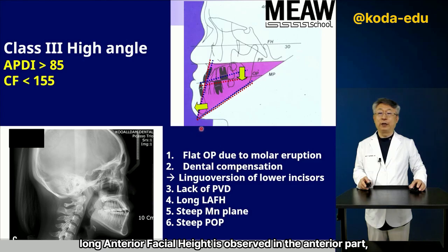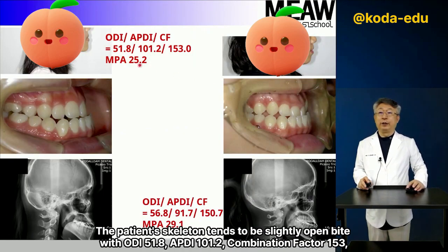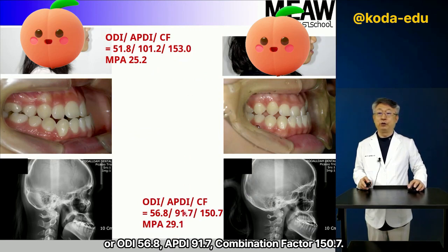Long anterior facial height is observed in the anterior part, and as the mandibular plane angle is steep, POP is also steep. The patient's skeleton tends to be slightly open bite with ODI 51.8, APDI 101.2, combination factor 153, or ODI 56.8, APDI 91.7, combination factor 150.7.